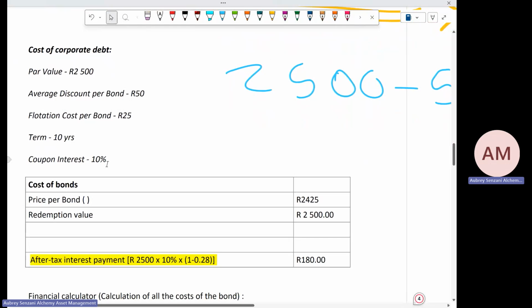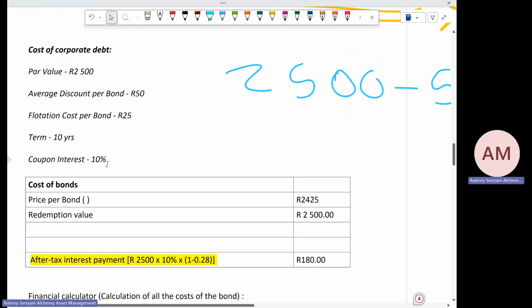But since we are a company, we can get a deduction on interest payments. So we're not paying that full amount. We're going to pay only 72% of that, because our tax rate is 28%.